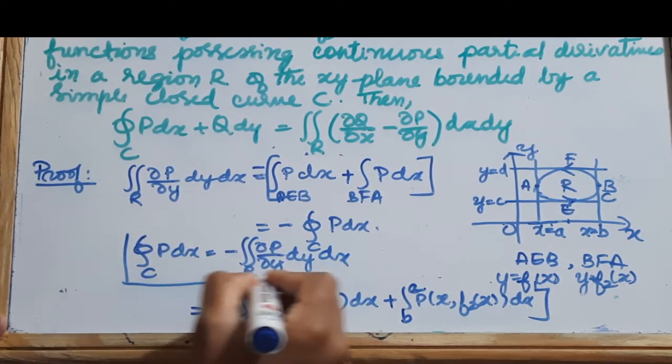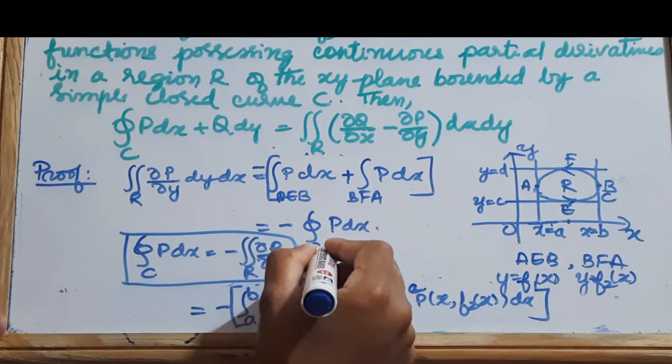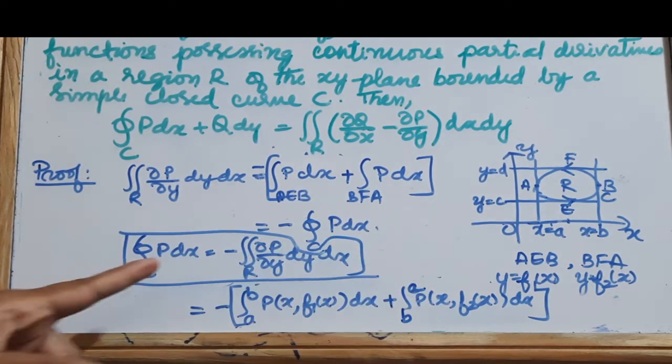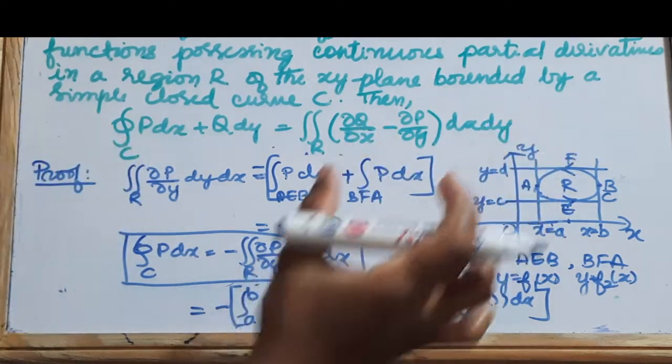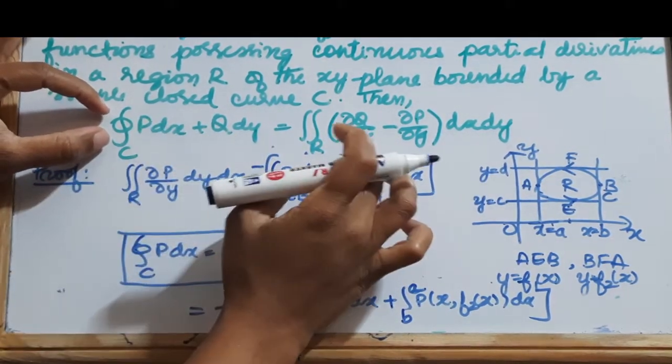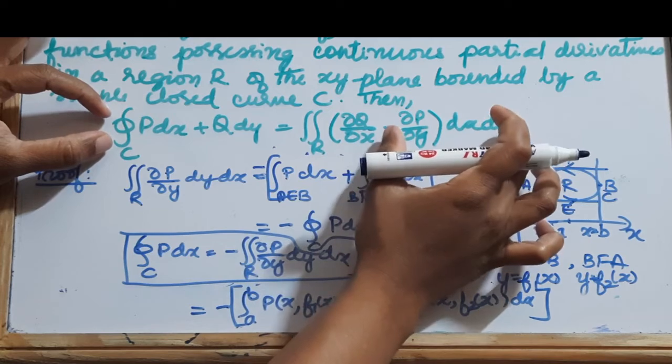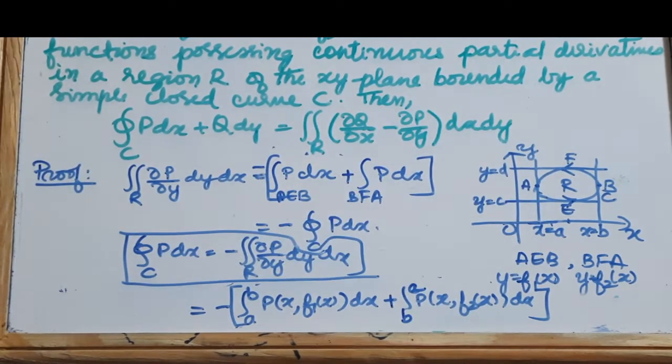This is one part what I have got. Okay, so what do I have now? This first part is equal to this second part: integral over C of P dx is equal to minus double integral over R of dou P by dou y dx dy.